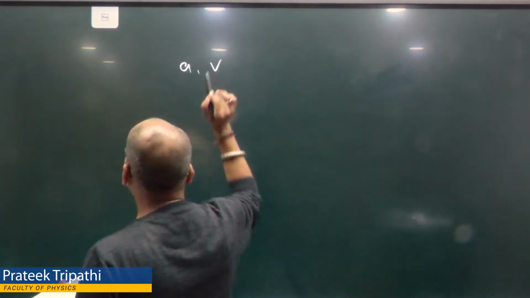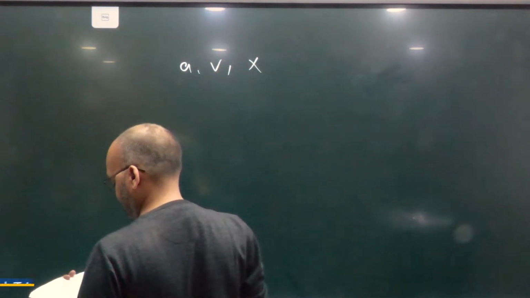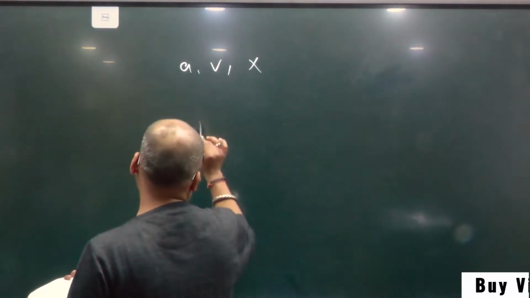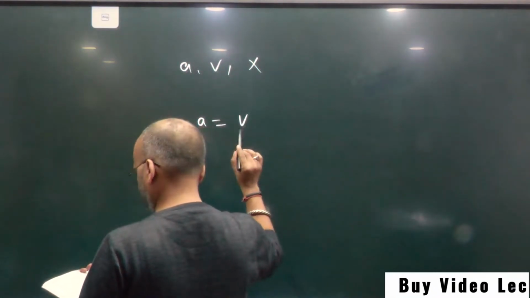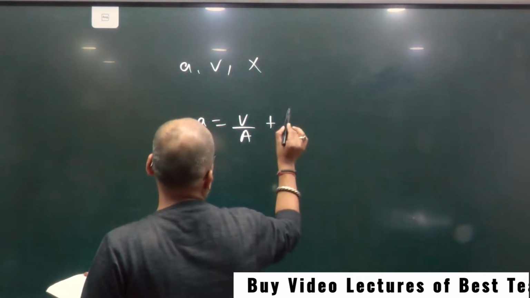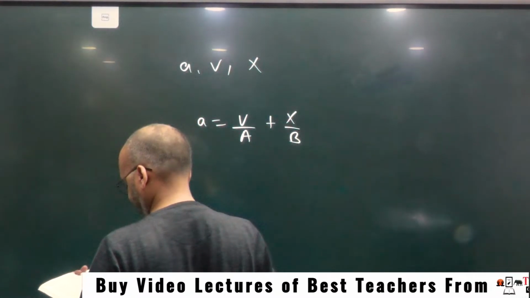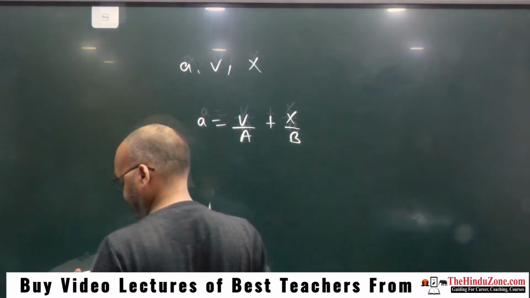So, next question is, there is acceleration, velocity and displacement. X is displacement. They are related according to the equation.